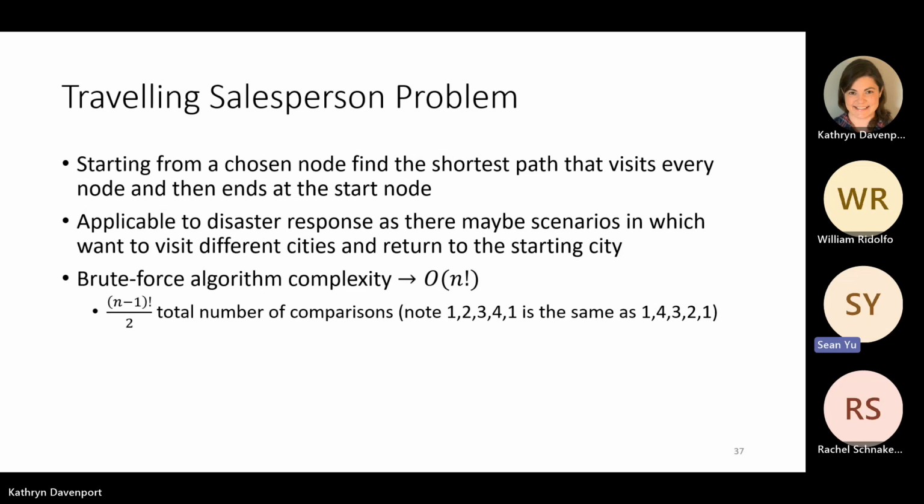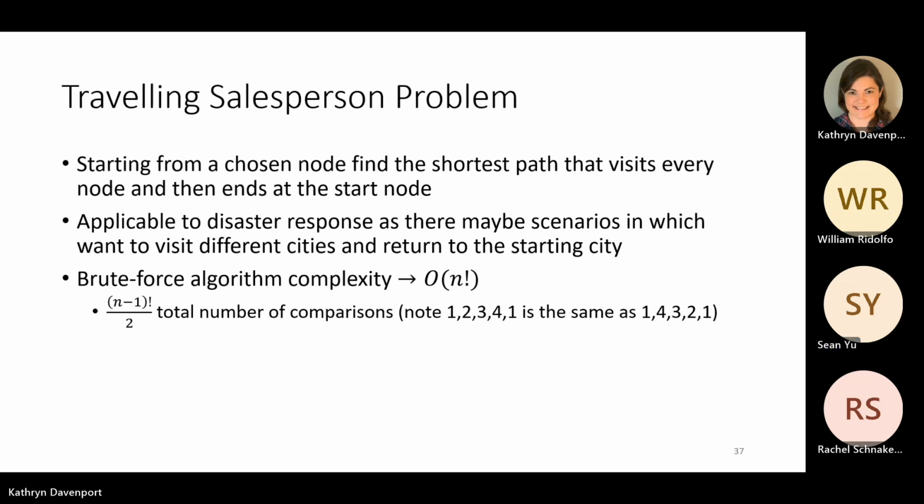And as we saw in the course, the traveling salesperson problem is NP hard, or it's reducible from the Hamiltonian cycle problem, and that's why it's NP hard.